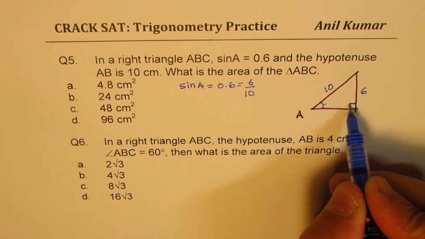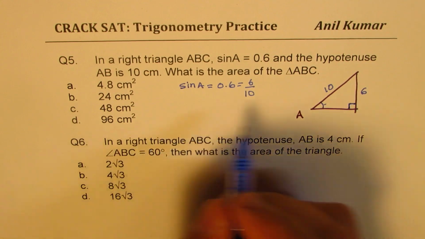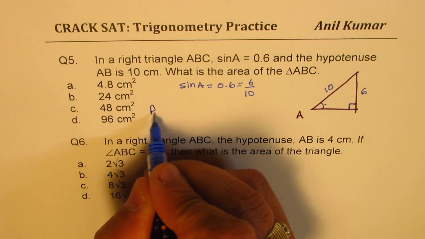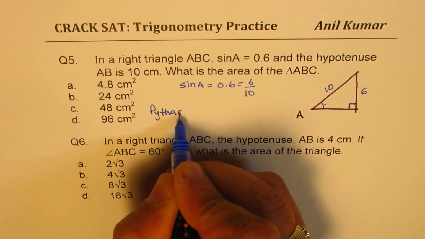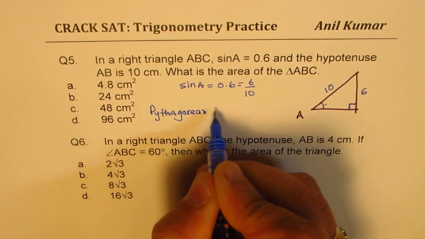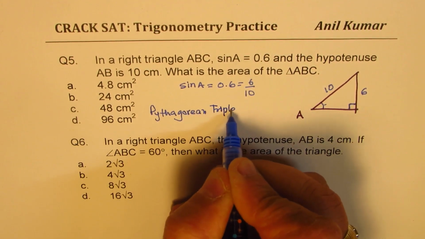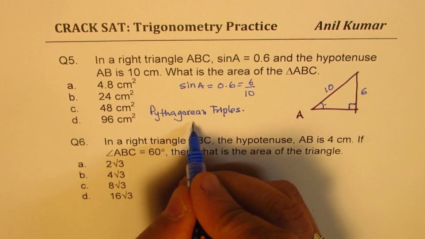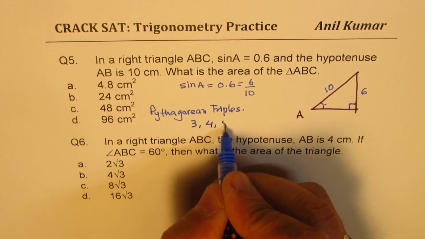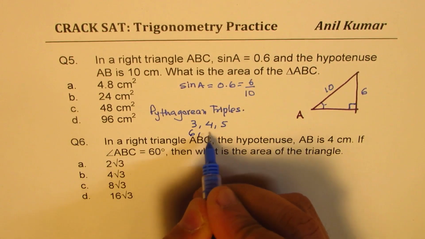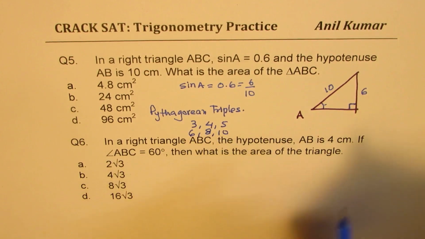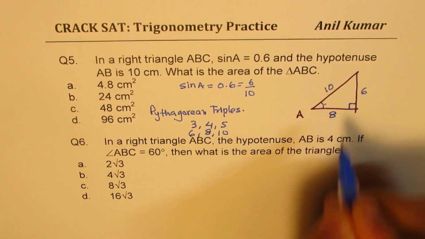When you are appearing for SAT, you should know your Pythagorean triples. That helps, right? So 3, 4, 5 is a right triangle, and twice this is 6, 8, 10. So it is that triangle, and obviously this is 8.